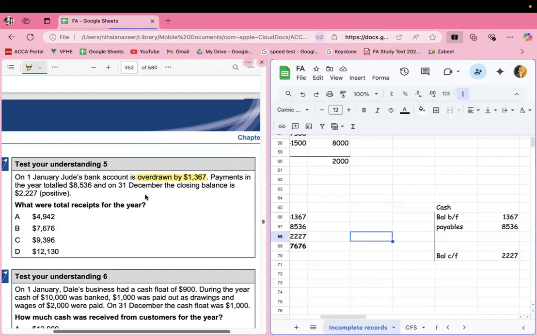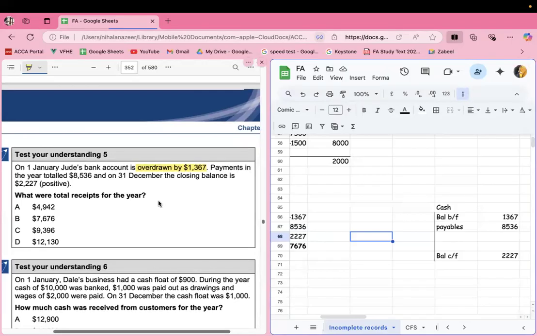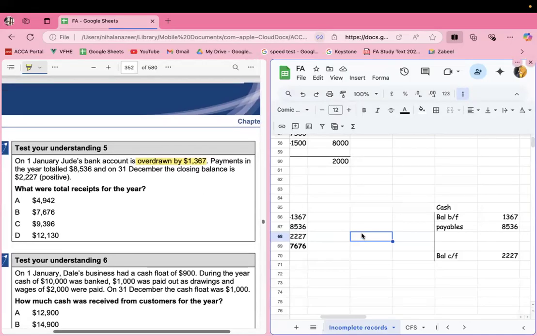Is there any other thing that is being given to you? No, right? So you're going to take the total receipts as the total of all of these things together. Understood?